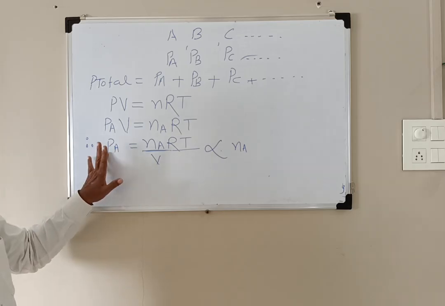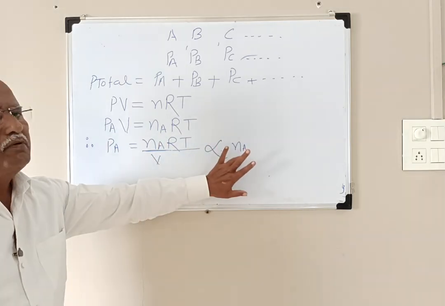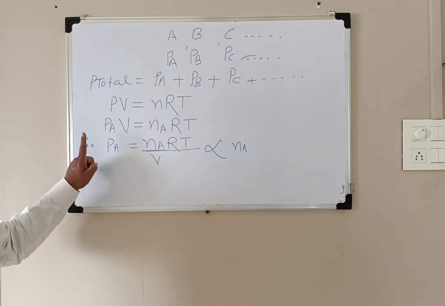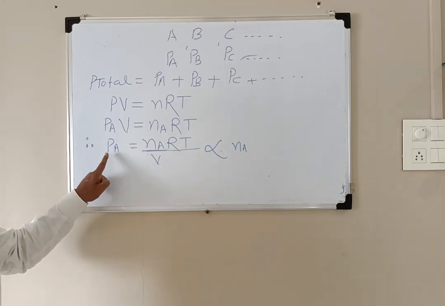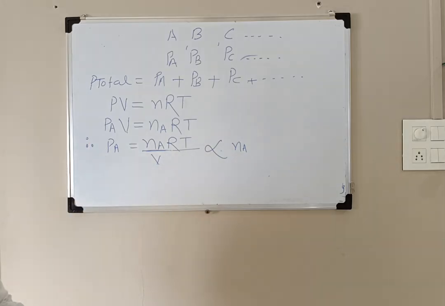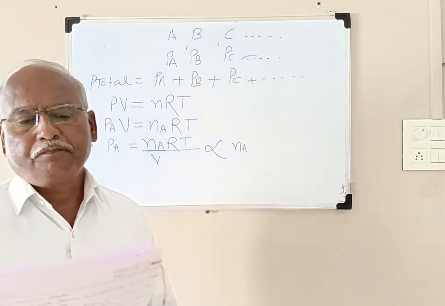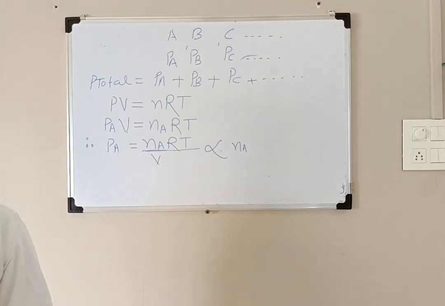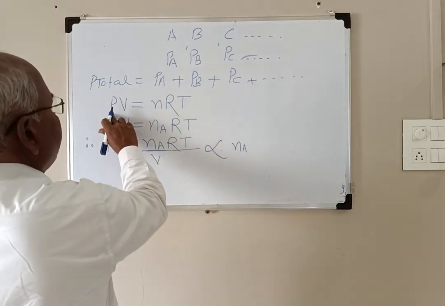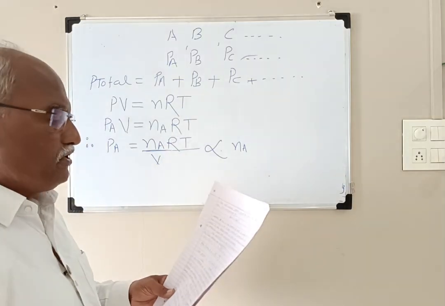Therefore, I wrote PA is proportional to the number of moles. The partial pressure of component A gas is proportional to the moles of A.